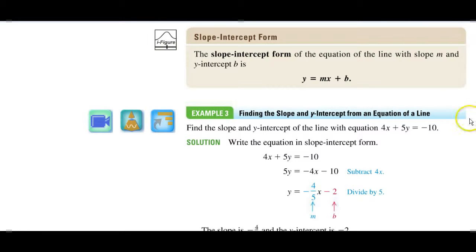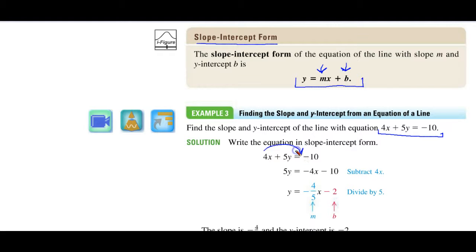Now, we've done this already, but a little review. Here is the slope-intercept form of the linear equation, where m is the slope and b is your y-intercept. Now, if you have an equation in standard form, how do you put it in slope-intercept form? Well, as we said, you solve for the y.